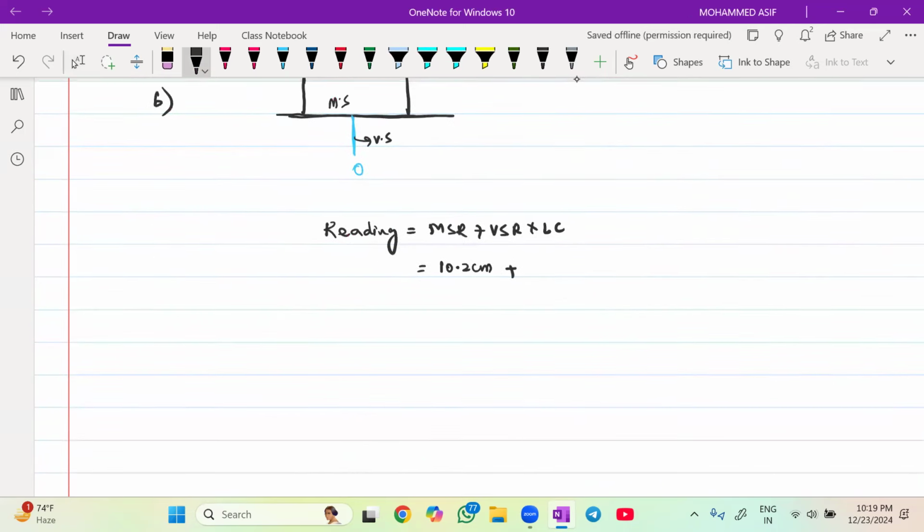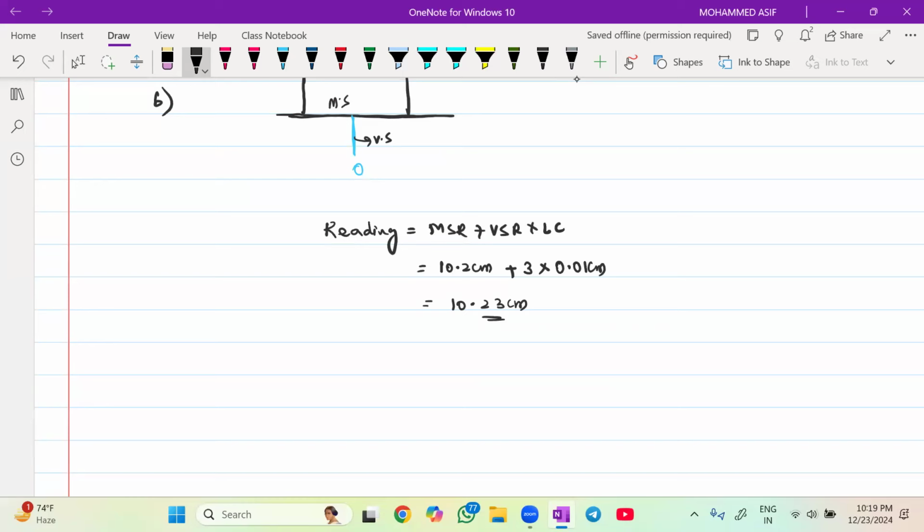That means this will be equal to 3 multiplied by the least count. Least count is 0.01 centimeters because this one is in centimeters. So this value will come out to how much? 10.23 centimeters. Because 3 into 0.01 is 0.03, and 0.03 plus 10.2 will be 10.23 centimeters.